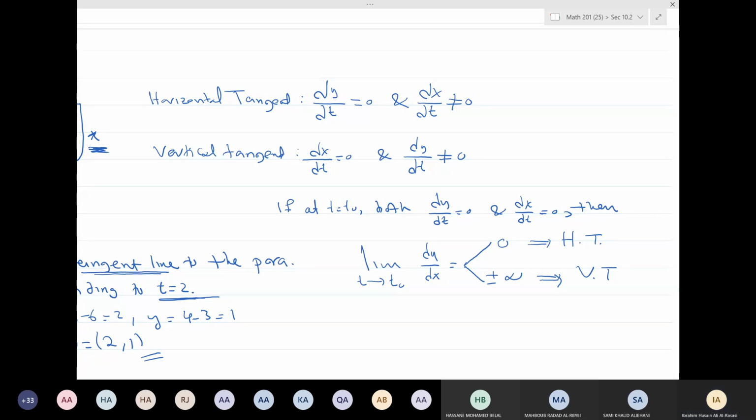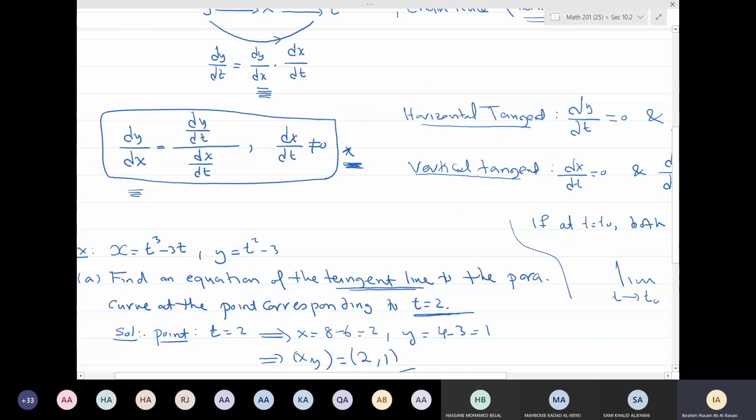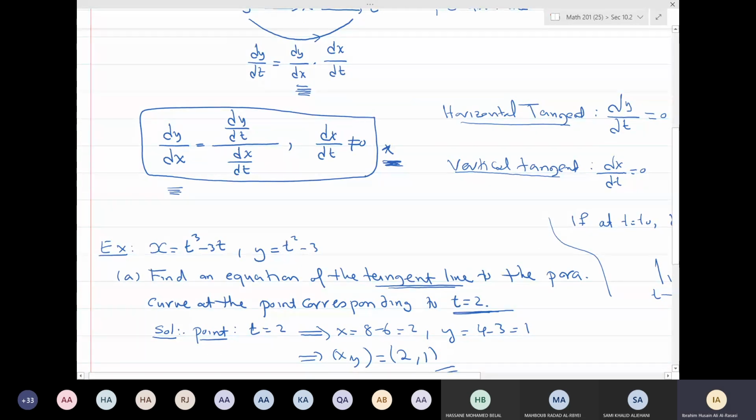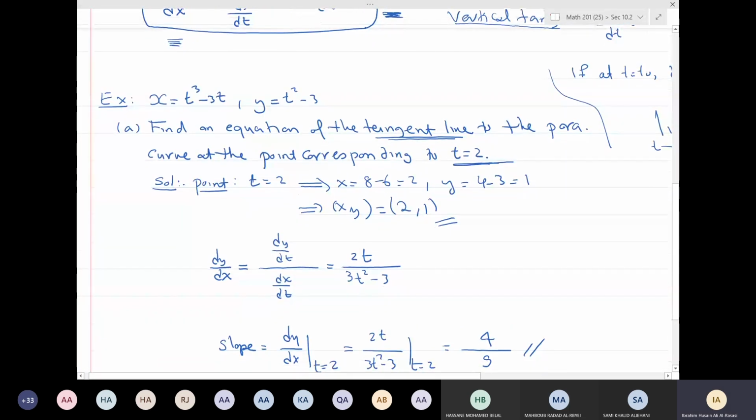Okay. So these are some points from Math 101. Let me give you an example. I will take the same example here, x equals t cubed minus 3t, y equals t squared minus 8.